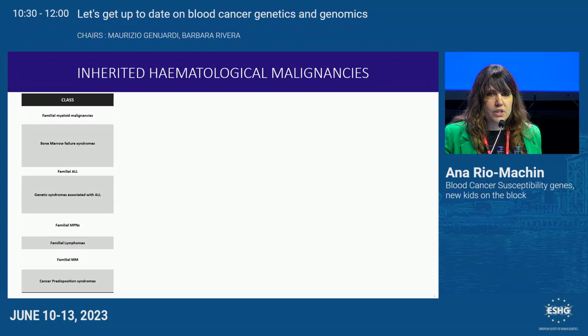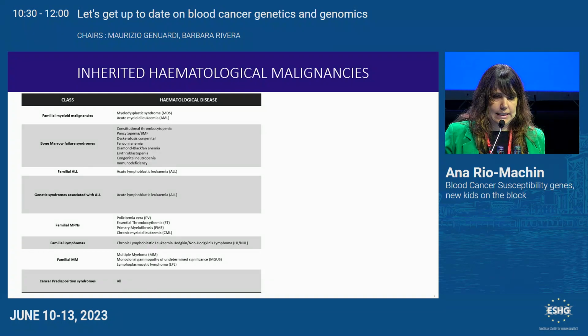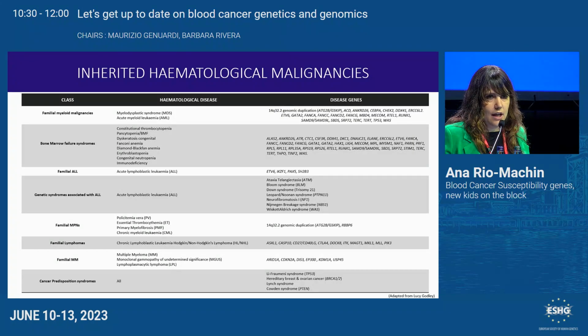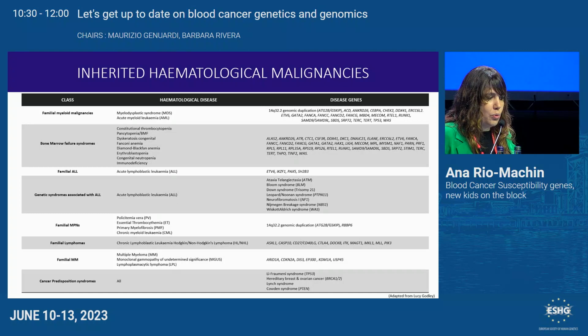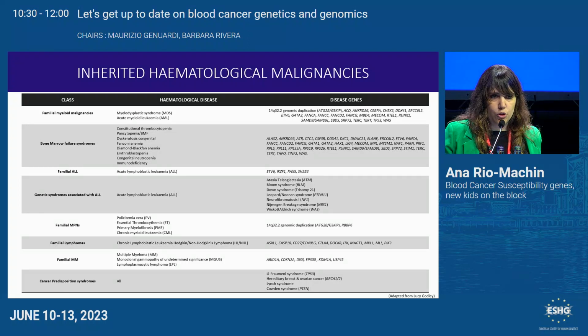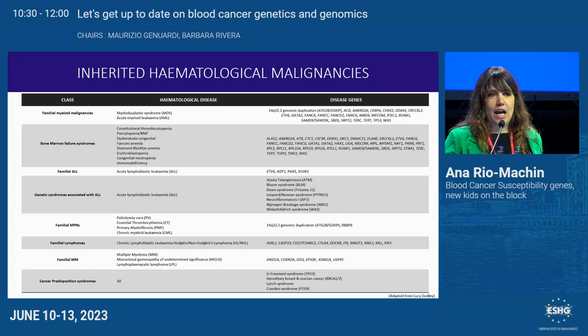We can distinguish eight classes of inherited syndromes associated with the development of hematological disease, and these are the genes that have been described or associated with these entities to date. We have bone marrow failure syndromes, which are not neoplasms but are hematological diseases with high risk of leukemia development.